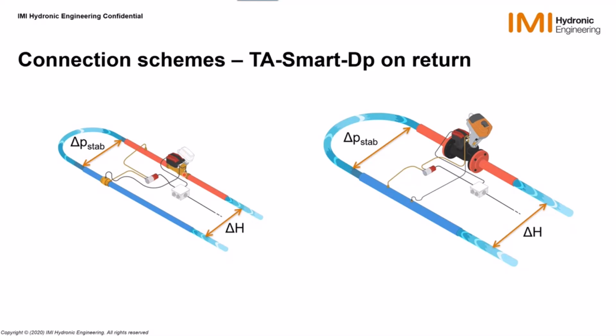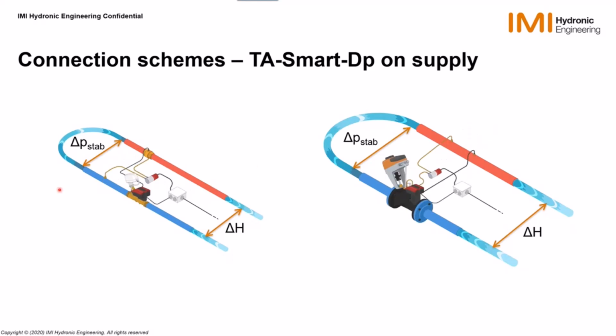Because we are more used to seeing DP controllers on the return, I took the first connection scheme on the return. But we obviously can do absolutely the same with the TS-Smart DP on the supply, and then we just have to change the way it is connected.